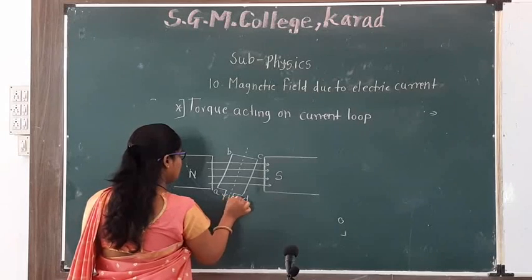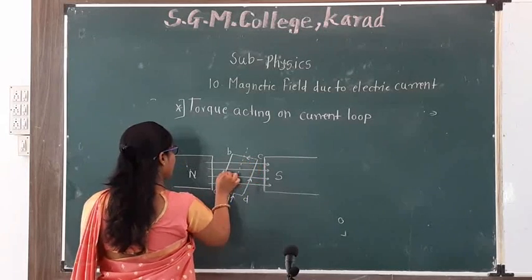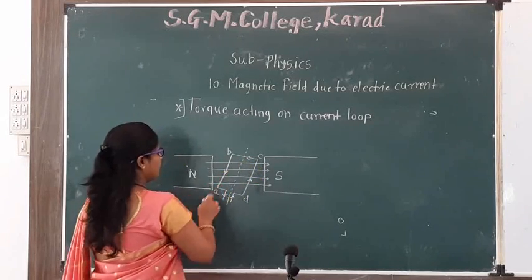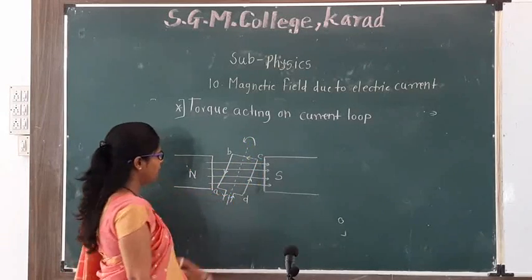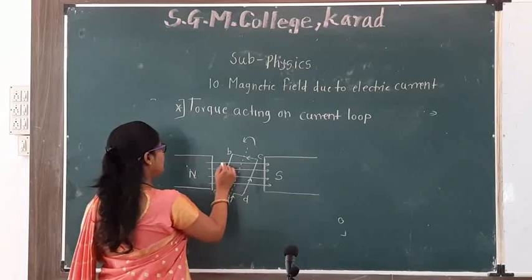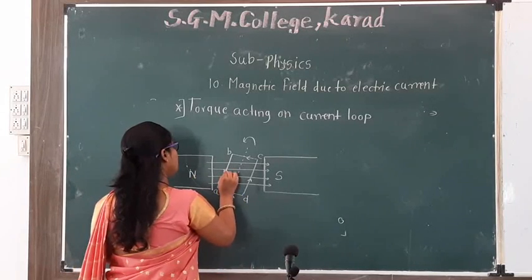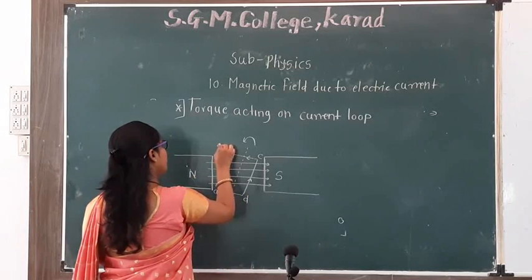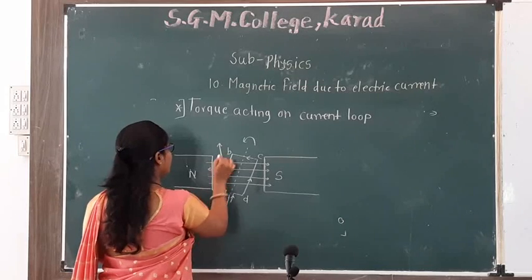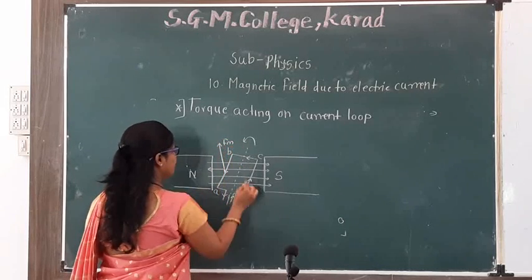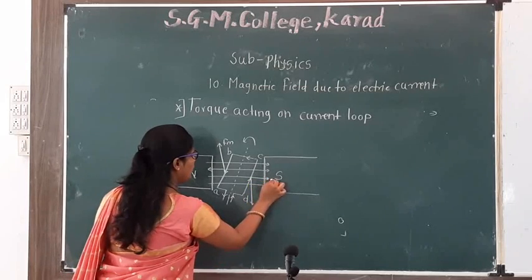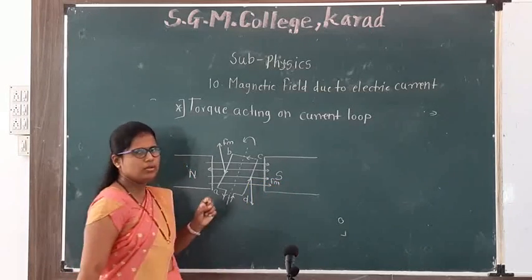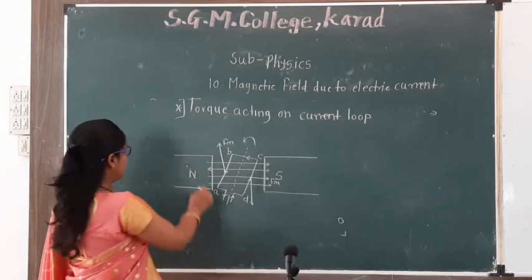Here is the current direction. Here is shown the rotational motion, A, B, C, D, and these two forces F1 acting on the rectangular wire, like this.